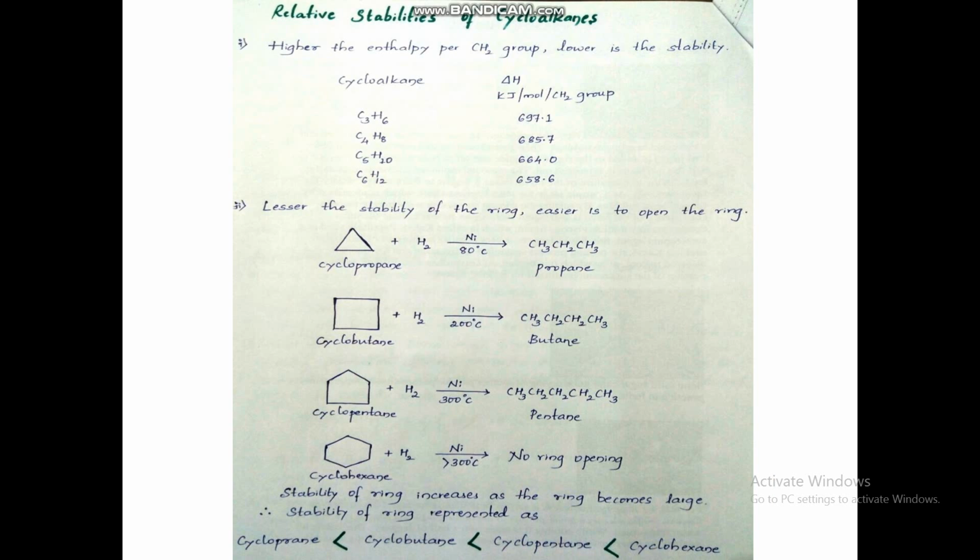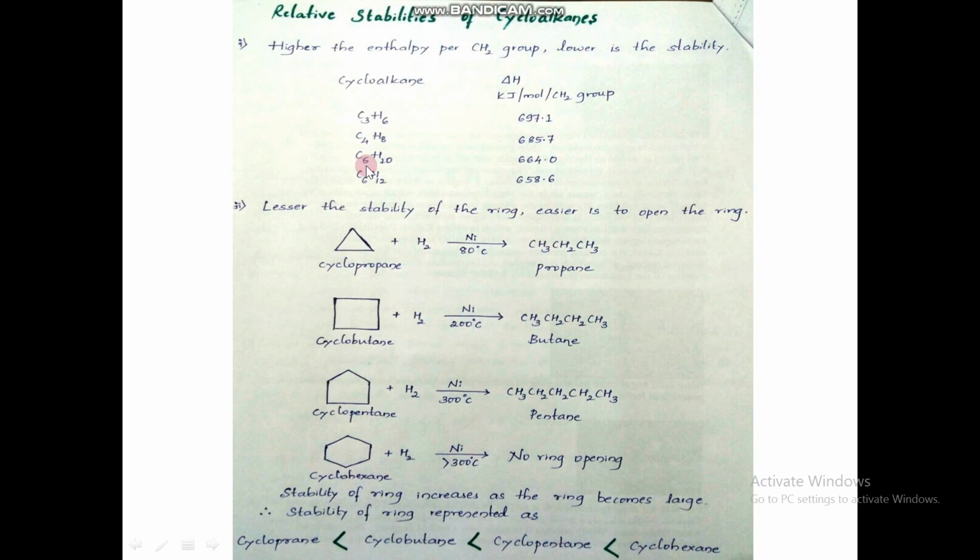Similarly, relative stabilities of cycloalkanes. All the cycloalkanes do not have the same degree of stability. The relative stability of cycloalkanes is determined based on their enthalpies of combustion values. The higher the enthalpy per CH2 group, the lower the stability.